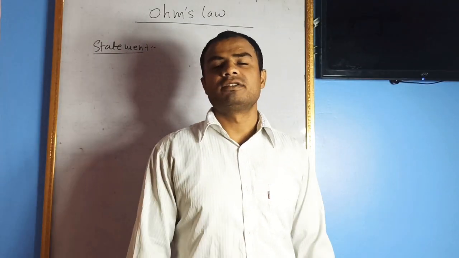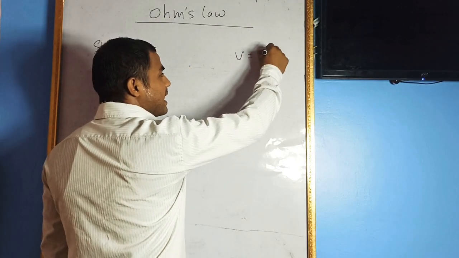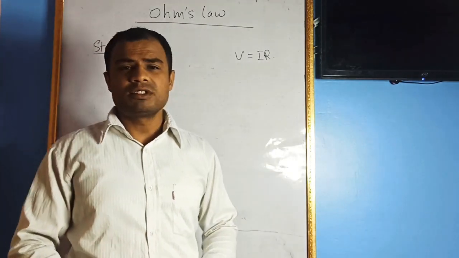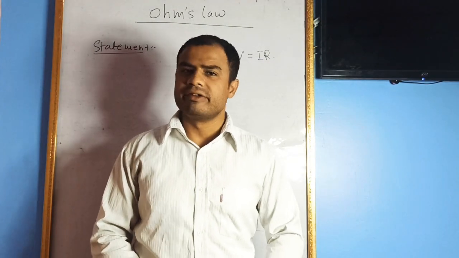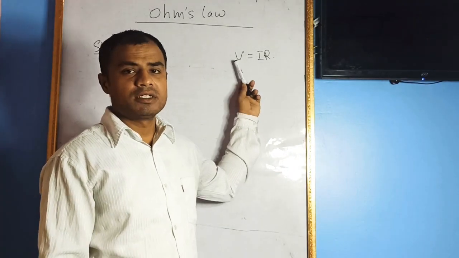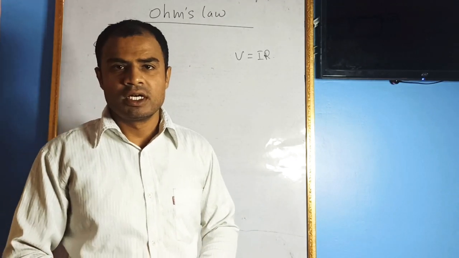Okay, so here we saw the formula V equal IR, but this Ohm's law can be stated in so many ways, that is, in three ways. First, V proportional to I: the applied voltage in a circuit is proportional to the current flowing through the circuit.